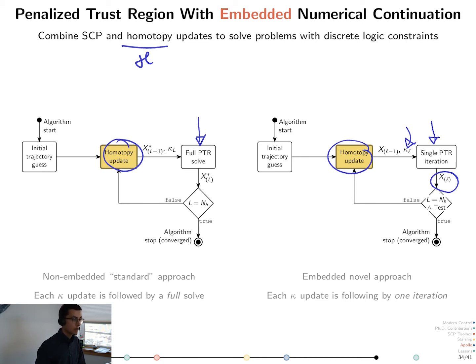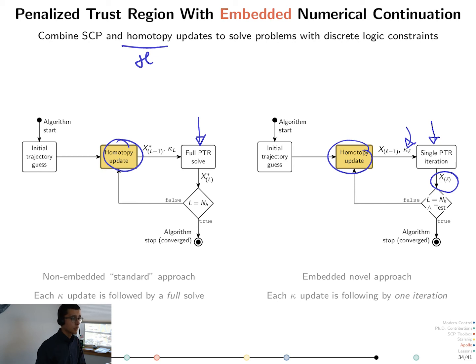The novelty of our method for the JDCD paper was to basically fuse the two steps into a single loop, okay? Into a single algorithm, where what you do now instead is you set the homotopy value, and instead of doing a full solution, you will just do one single iteration. Just one iteration.